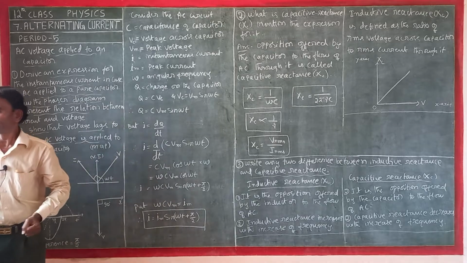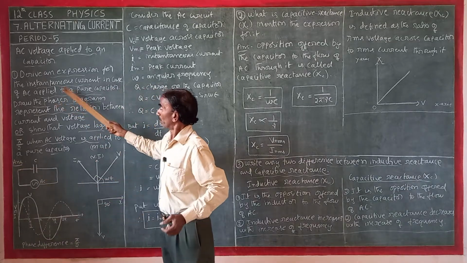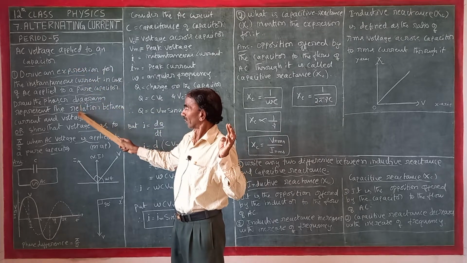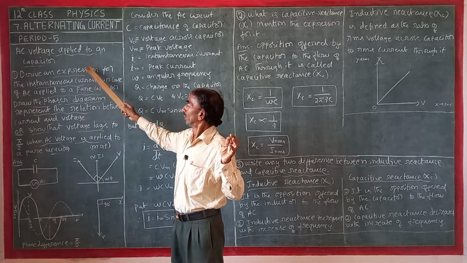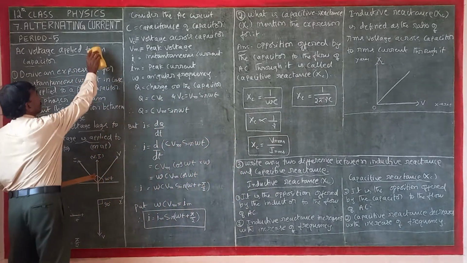You see here, the expression is the same. Voltage applied to a resistor is one type of question. Voltage applied to an inductor is another question. And voltage applied to a capacitor is another question.